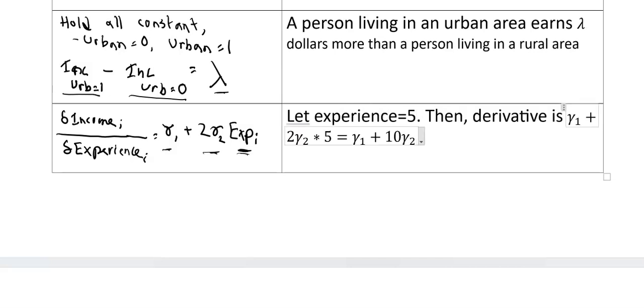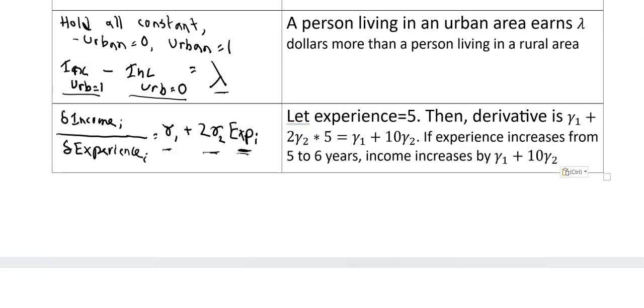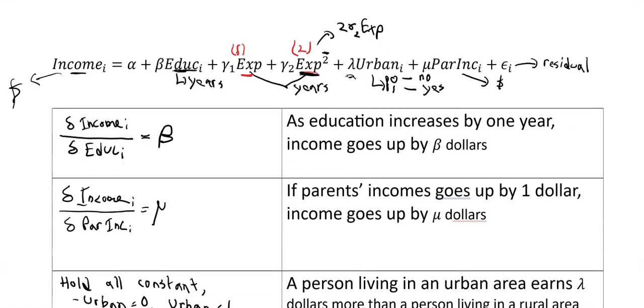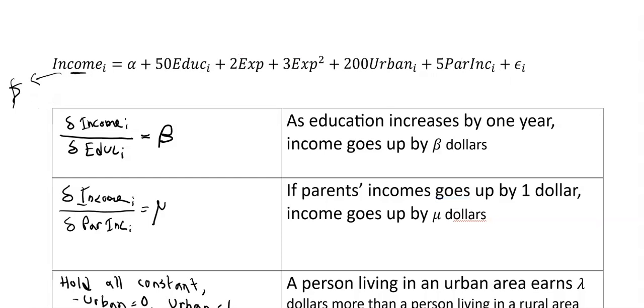So our derivative then becomes gamma 1 plus 10 gamma 2, which is now a little easier to interpret. And that would be our interpretation. If experience increases from 5 to 6 years, then income goes up by gamma 1 plus 10 gamma 2. Now, if we actually had numbers for these cases, so let's say we have these numbers. We don't need numbers for alpha and any other cases.